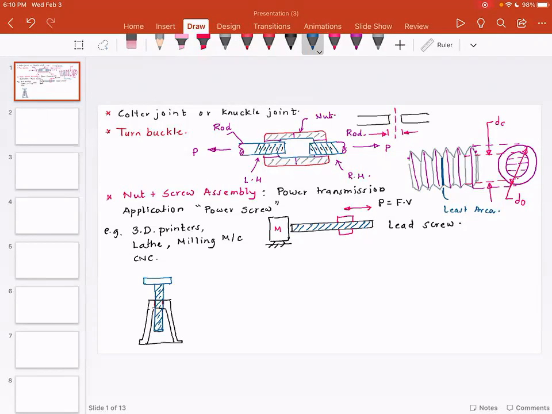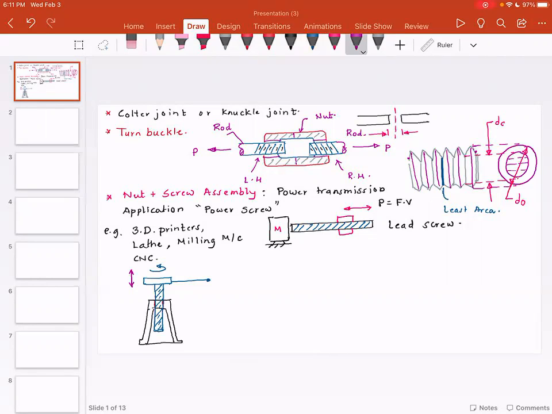And now I want you to visualize that there is a handle here. So if there is a handle here, if I rotate this handle, depending upon the lead of the screw, that means the amount of linear travel in one rotation, this platform will be raised up or it will go down. And we will talk about the precise definitions of lead and pitch and everything.